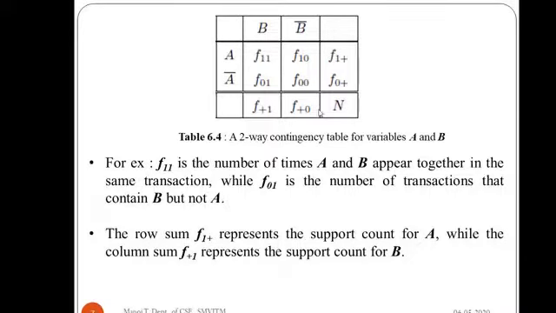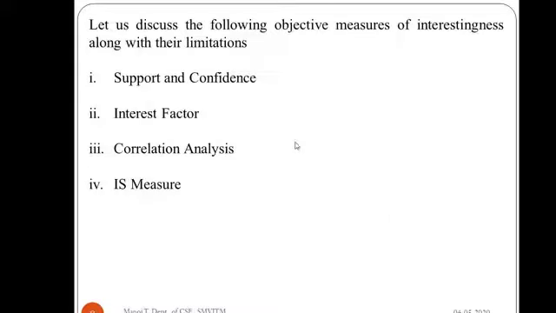Out of this N we can compute. That's why we can say F1+ is the support count for A. Similarly, F+1 is the support count for B. F0+ indicates the support count not having A. F+0 indicates the support count not having B.